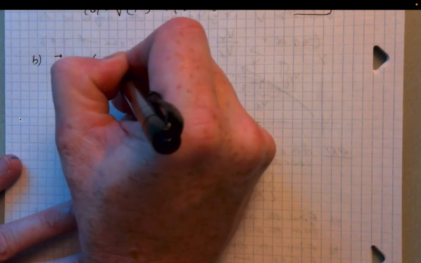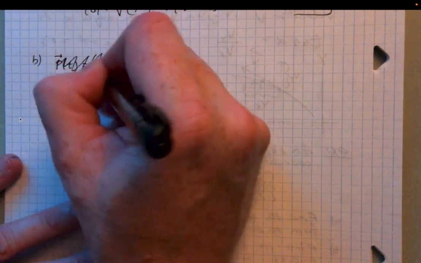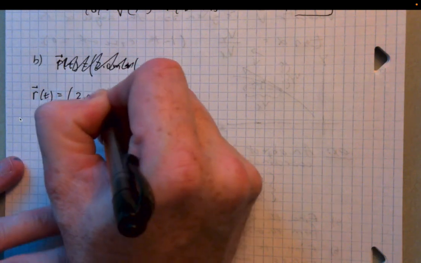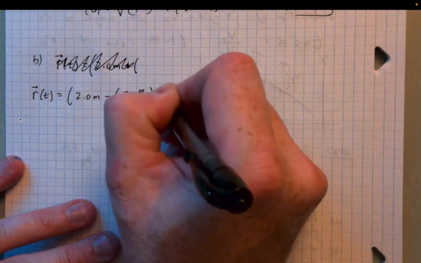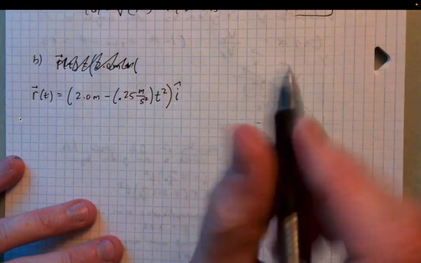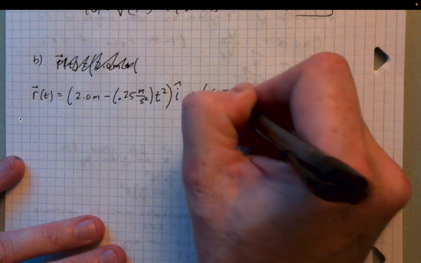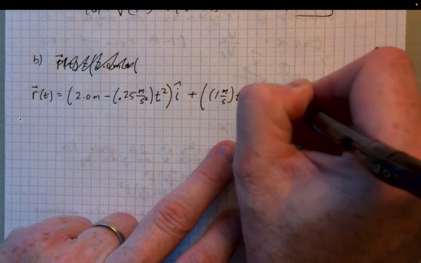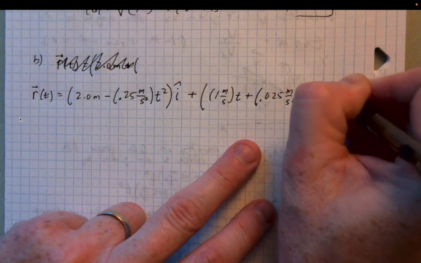So r of t would be equal to 2.0 meters minus 0.25 meters per second squared times t squared, and that's your i component, your x component, and then plus 1 meter per second times t plus 0.025 meters per second cubed times t cubed, and that's your j component.